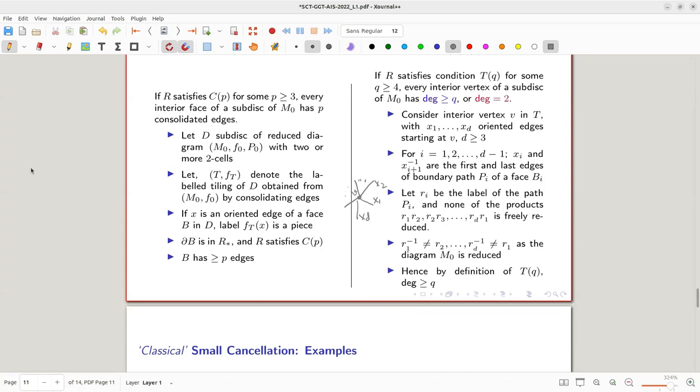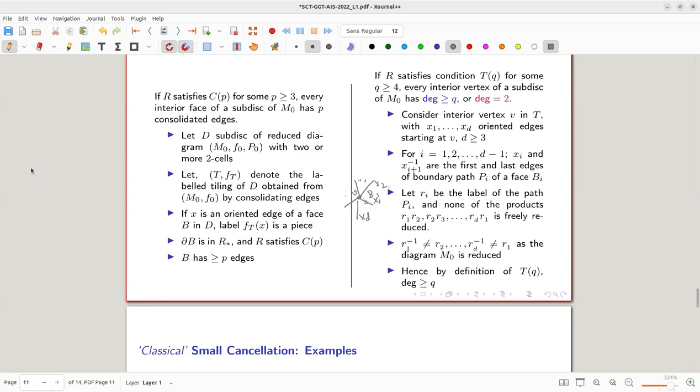What it means is that this is an interior vertex, right? So you have, say, face b1 here, whose base point is this. Then you're starting along this x1, and you're coming back along x2, right?